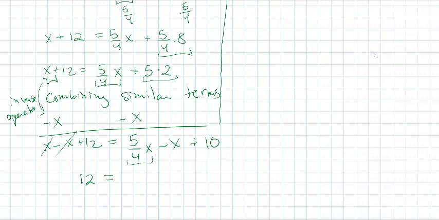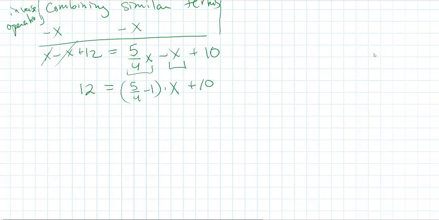5 quarters x minus 1x is 5 quarters minus 1 times x, right? Again, that's the distributive property, plus 10. We'll take it one step further, so we have 12 equals, now 5 quarters minus 1 is just 1 quarter, so 1 quarter x plus 10.